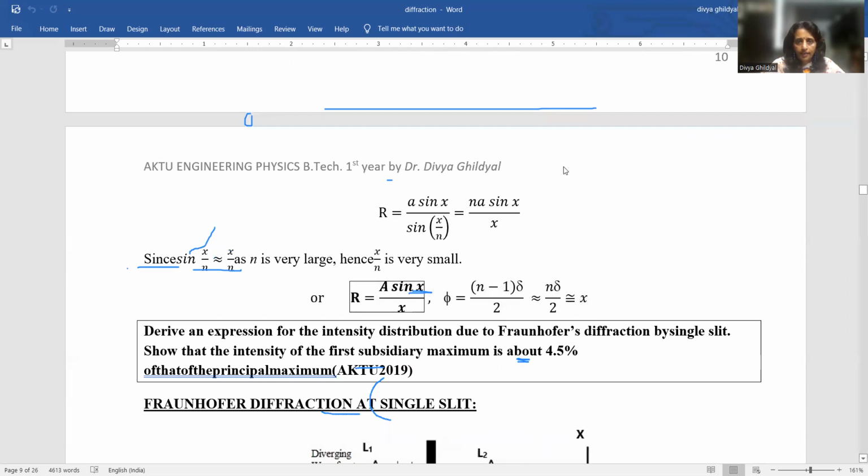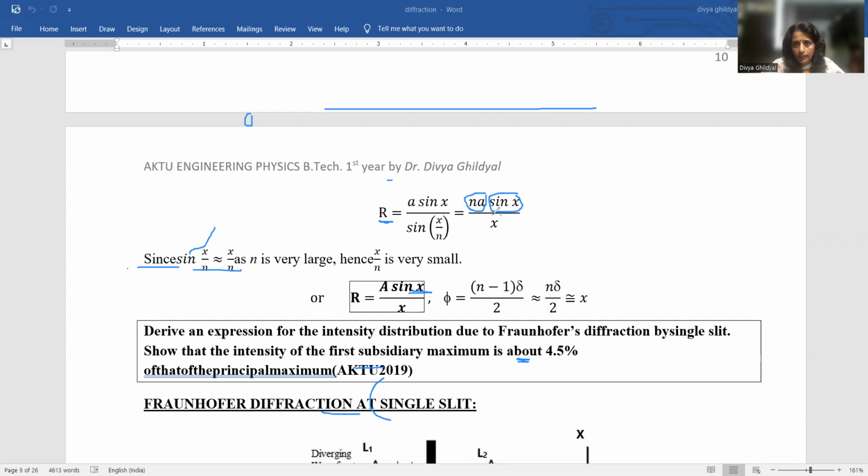So my resultant due to the vertical and horizontal components of n number of harmonic waves becomes equal to nA sine x by x.